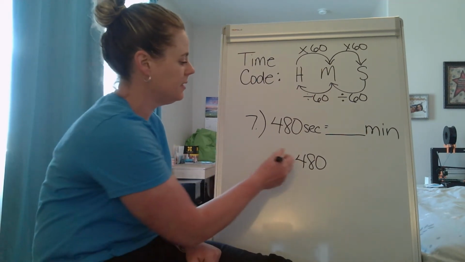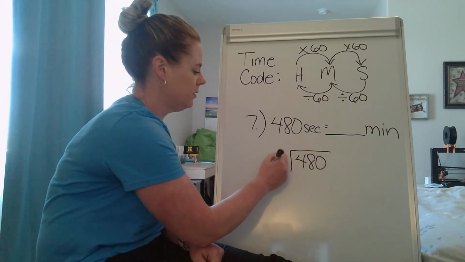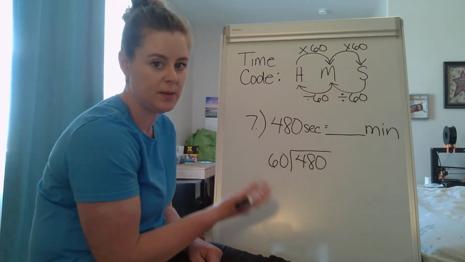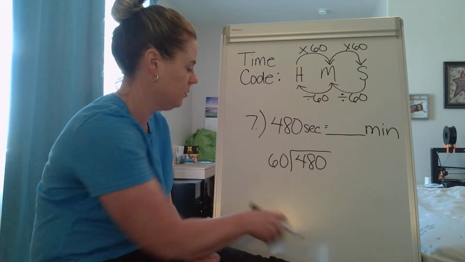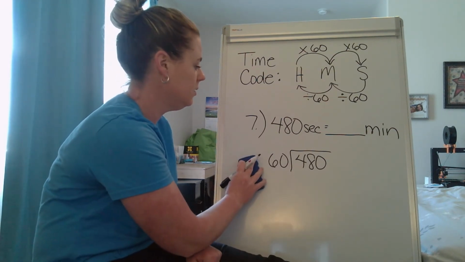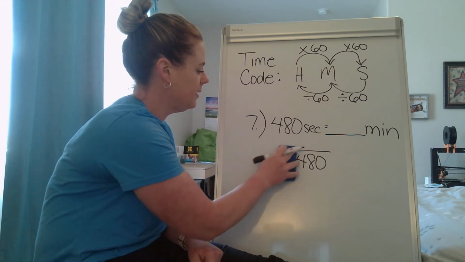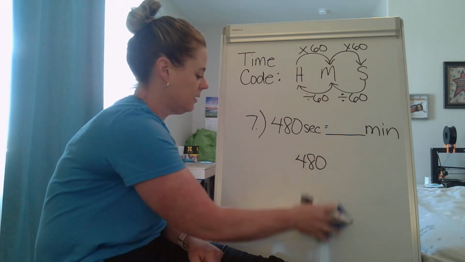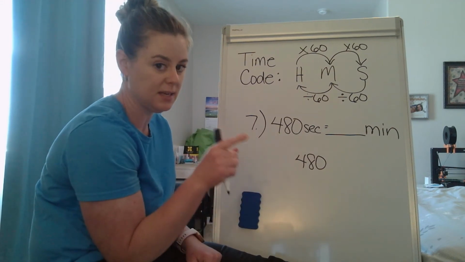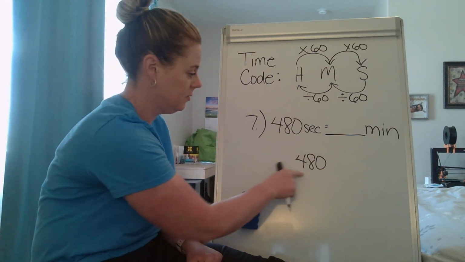This is what it would look like if you wrote it out. That's really big. That's hard to do. So what we're going to do is think about how many times 6 goes into 48, dropping those zeros.